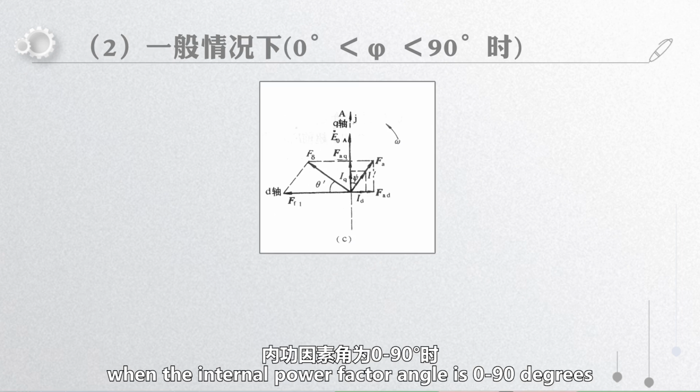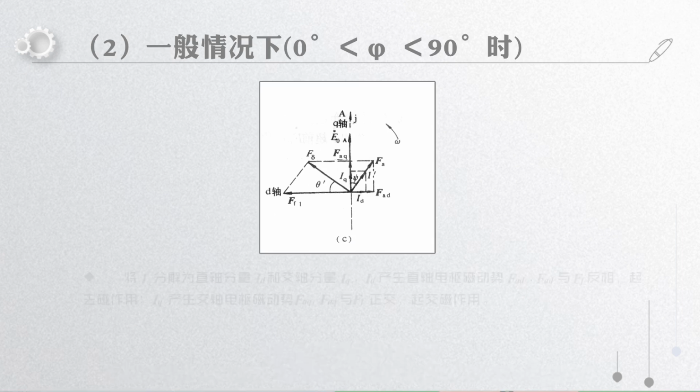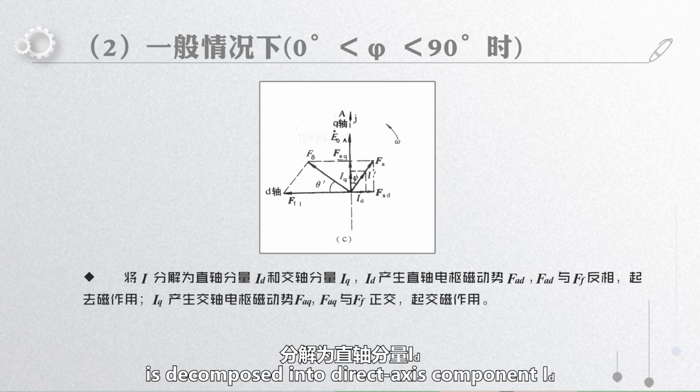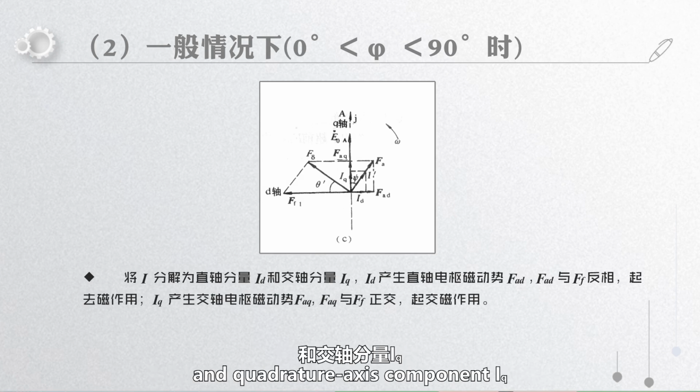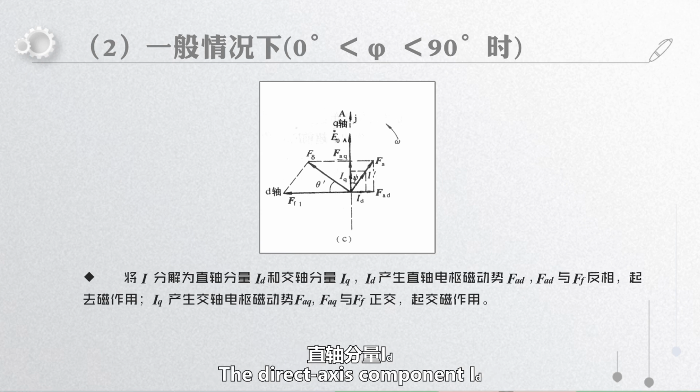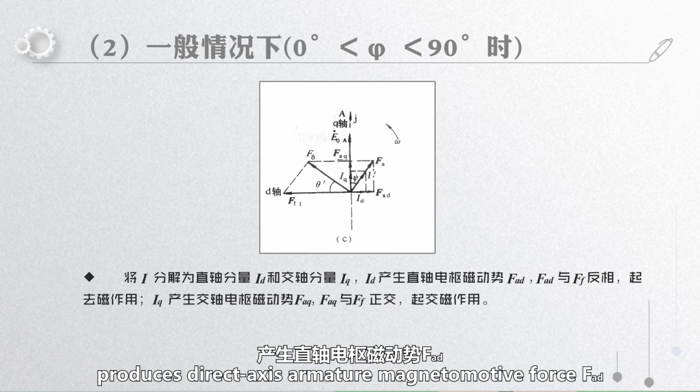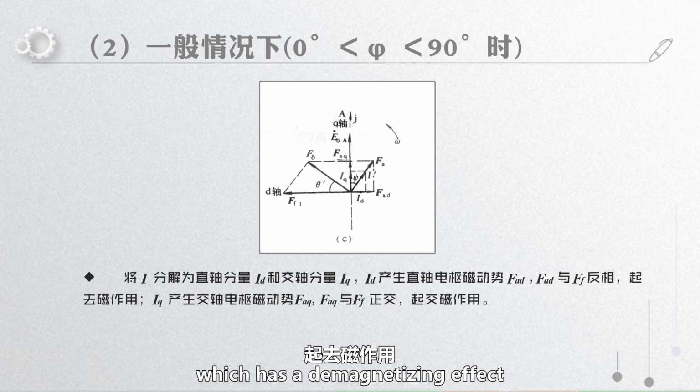2. Generally, when the internal power factor angle is 0 to 90 degrees, the stator current I is decomposed into direct axis component ID and quadrature axis component IQ. The direct axis component ID produces direct axis armature magnetomotive force, FAD, which has a demagnetizing effect.